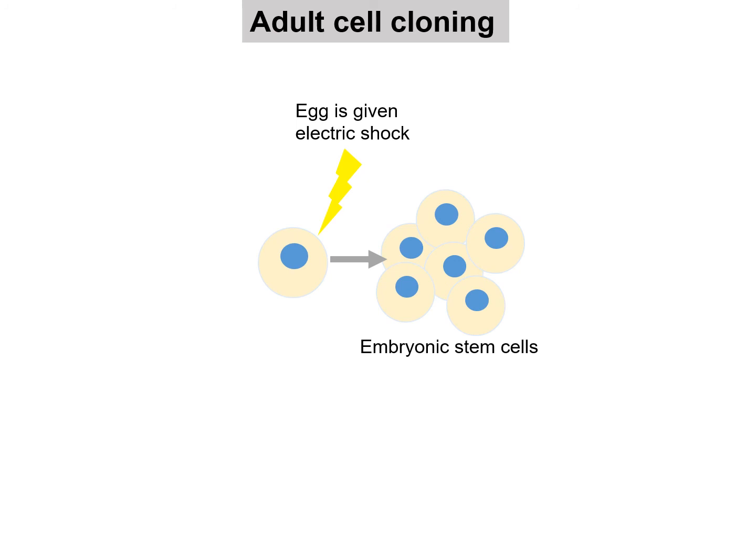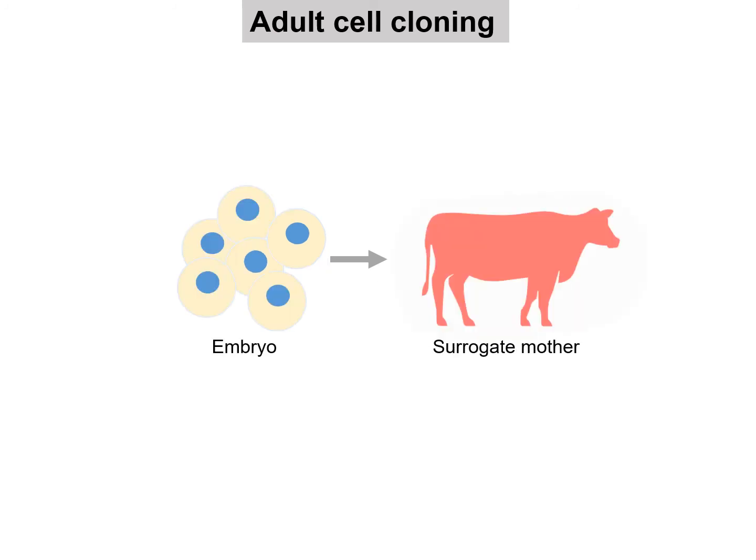We then give a shock to the egg containing the nuclear DNA from the organism we want to clone, and it stimulates the cells to divide. The embryo that is then produced is implanted into a surrogate mother.